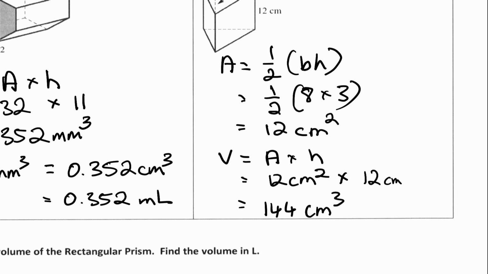Now, because this one's already in centimeters, we don't need to do anything to convert it to milliliters. 144 centimeters cubed is the same as 144 milliliters. Okay.